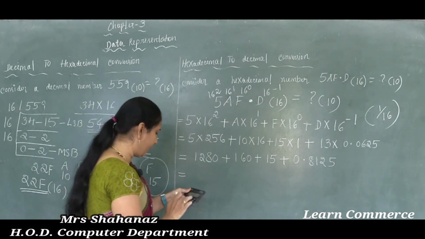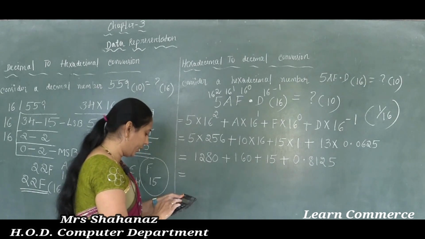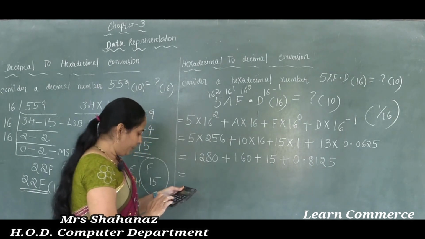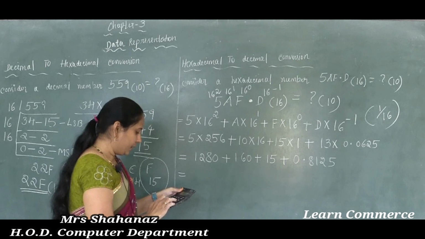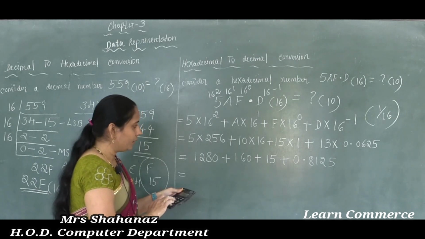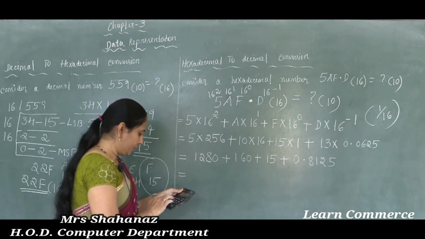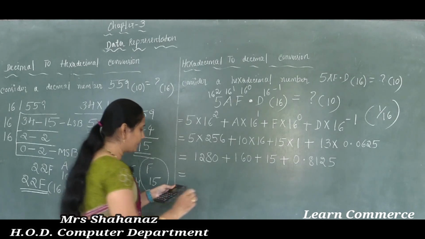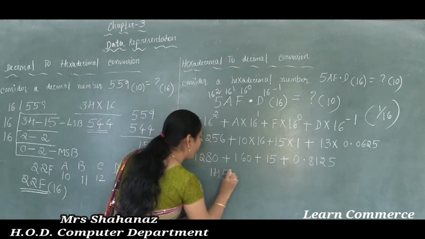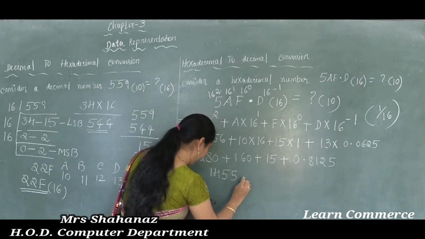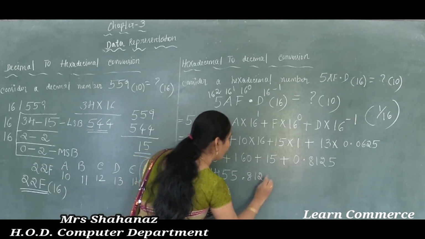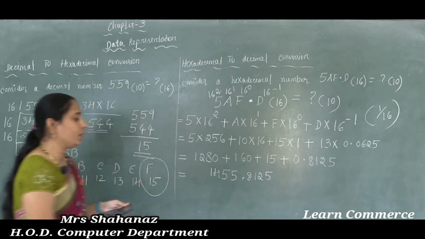Now add all the values: 1280 plus 160 plus 15 plus 0.8125, the value is 1455.8125. Clear this one?